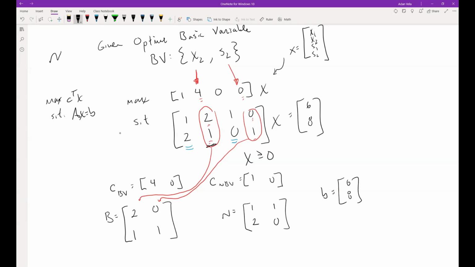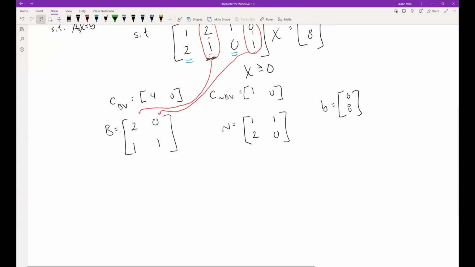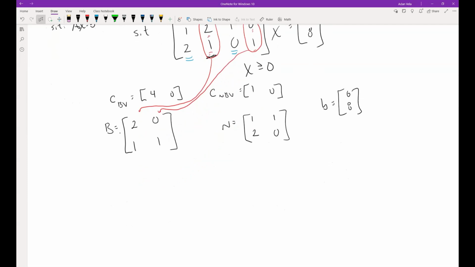With this information, the question is, can we solve for the optimal tableau? We want to fill in what the tableau looks like, knowing that x2 and s2 are our optimal basic variables. We're going to apply all the equations that we've learned.